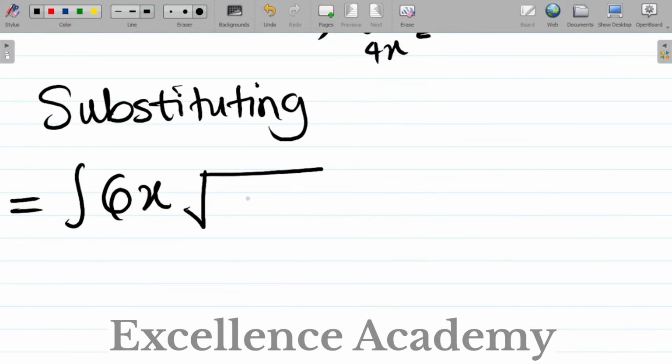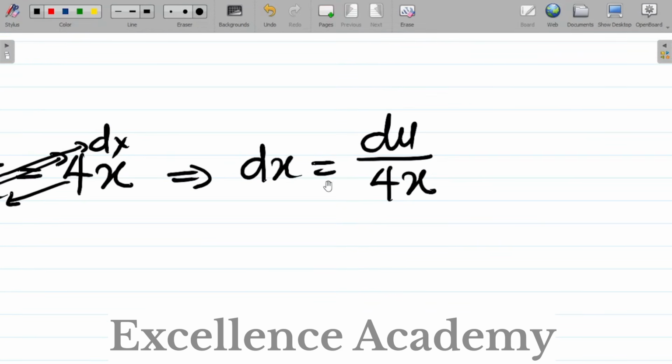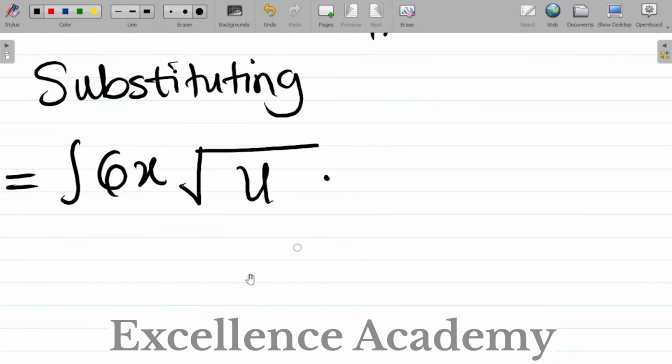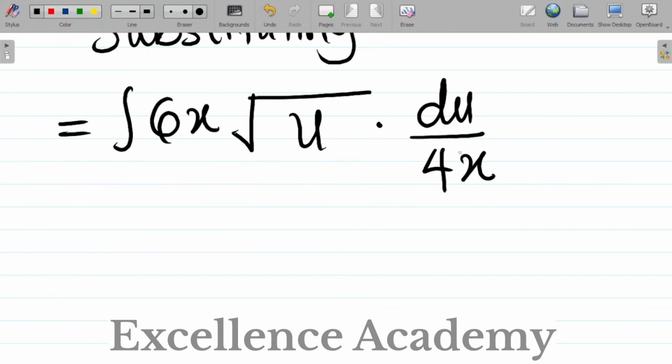So this into u dot dx. What's the value of dx? dx, as we can see here, is equal to du over 4x. So dot dx becomes du all over 4x. We have this. Now let's simplify this question here. Simplifying, you can see that x can cancel x.